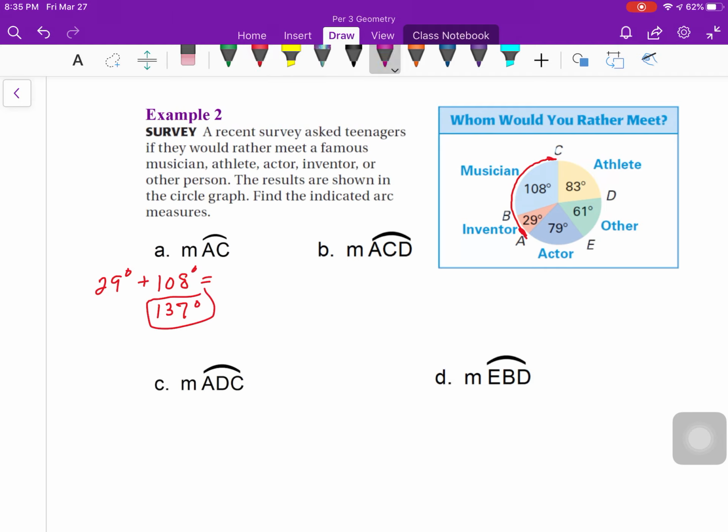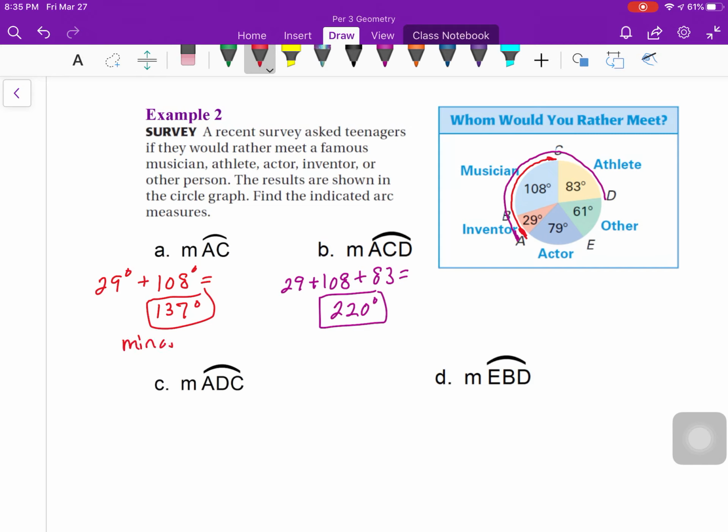The arc from A through C to D would start here and go all the way over to there. Well, I have to add three arcs together for that: 29 plus 108 plus 83. The 29 plus 108 we already know is 137, plus 83 more, I get 220 degrees.